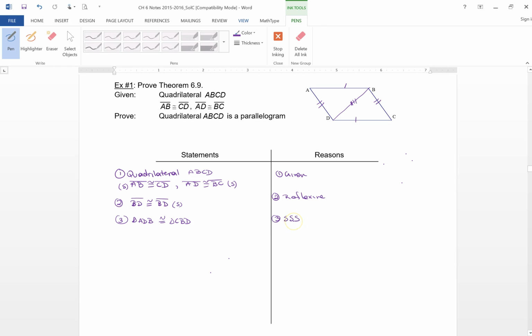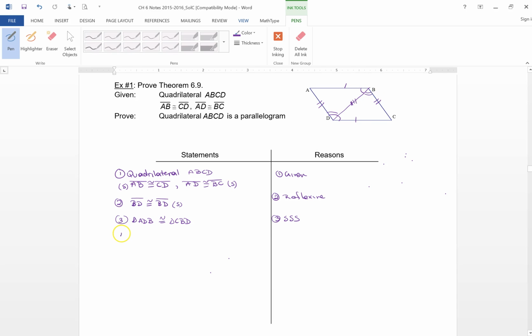by SSS. Okay, once I do that, I can show that angle ABD is congruent to angle BDC and ADB to angle DBC.